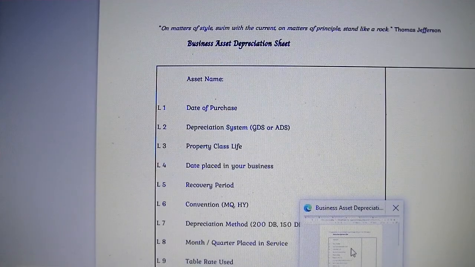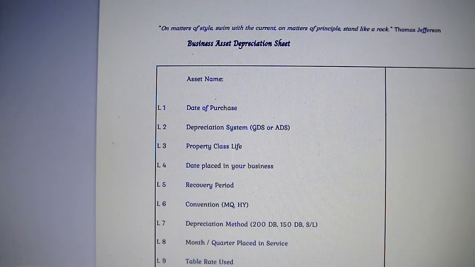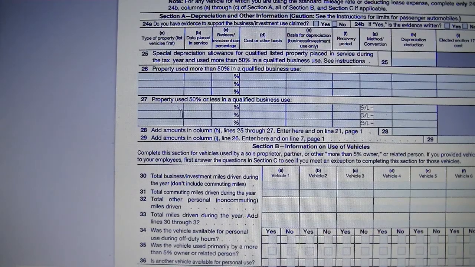So let's go back to form 4562. We know how to complete line 27. Line 28 is going to be the total of lines 25, 26, and 27, and it'll go on line 21 of page 1.